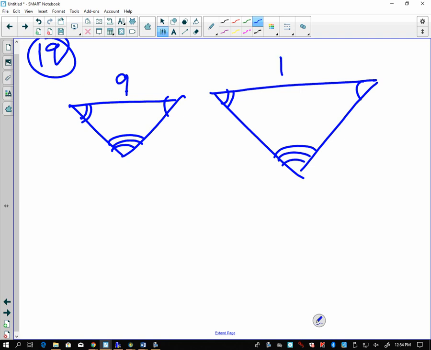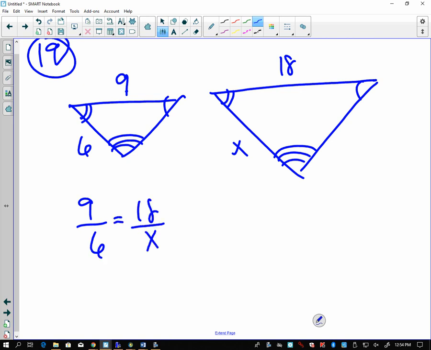Do 18. Let's see. Let's say 6. Right, and they're going to ask for what is this length right here. This should be pretty easy. 9 over 6 equals 18 over x.